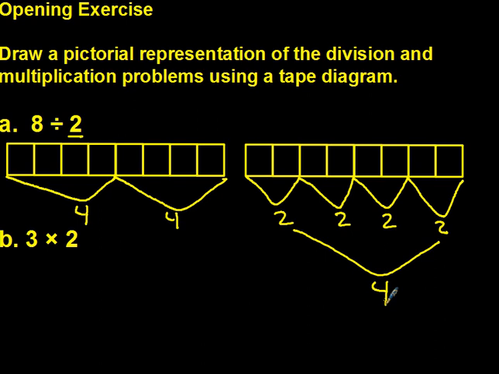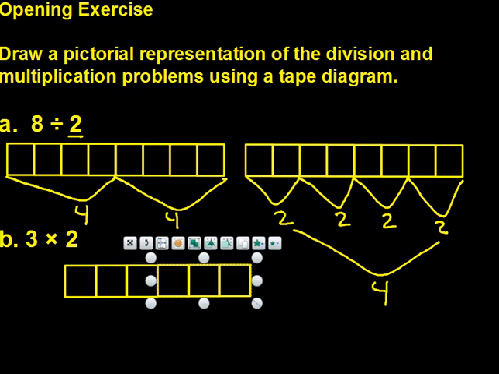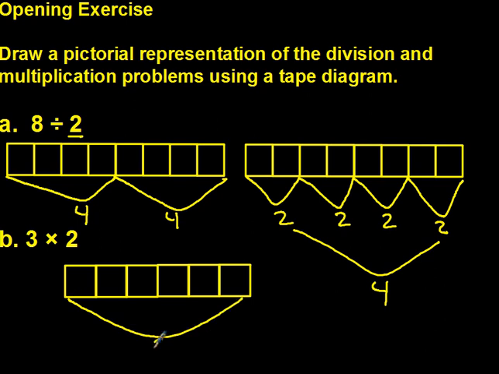Now for our second one, 3 times 2, this time we're going to create a tape diagram that has 3 pieces, and we're simply going to take that diagram and duplicate it. So by duplicating it, we're essentially multiplying it times 2. So here we have our first tape diagram, 3 times 2, giving us a total of 6.